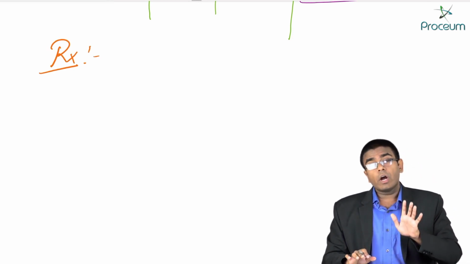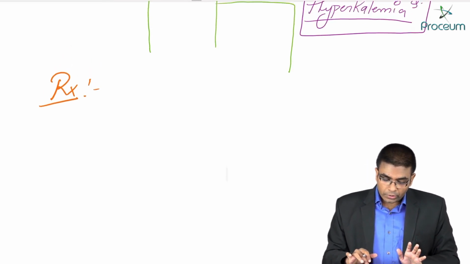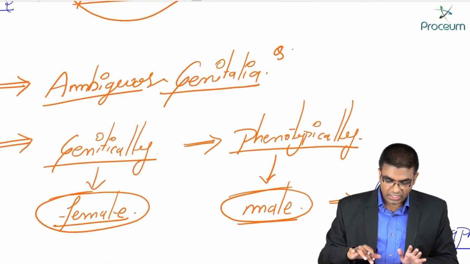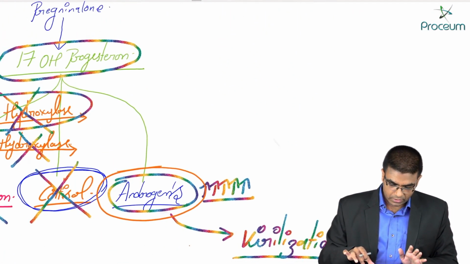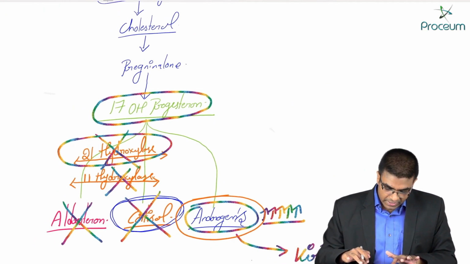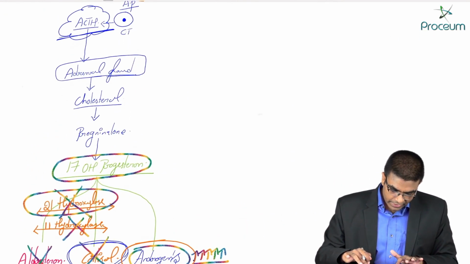Guys, if you want to understand the treatment, you have to know first of all why we are calling this disease congenital adrenal hyperplasia. Why is there hyperplasia of the adrenal glands? Guys, please remember, once concentrate here.